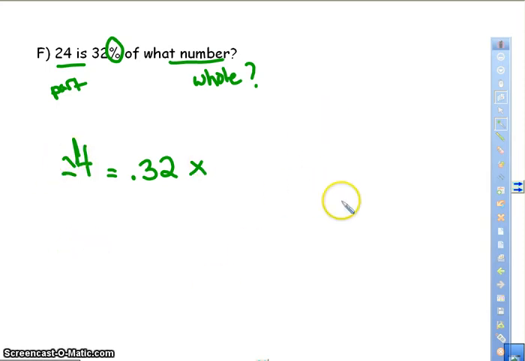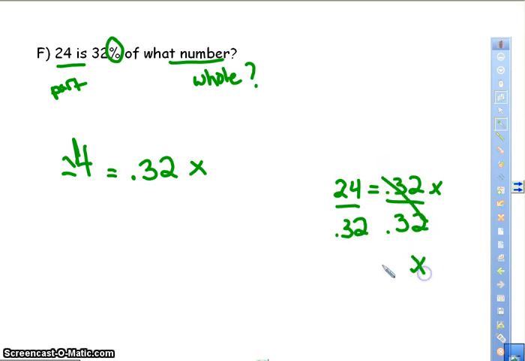All right, this isn't cooperating, so I'm going to move it over here. 24 equals 0.32 times x. So I have my part, my percent written as a decimal, and I'm trying to find the whole. I'm going to divide both sides by 32 hundredths so I can get x by itself. In my calculator, I'm going to punch 24 divided by 0.32, and you get 75.